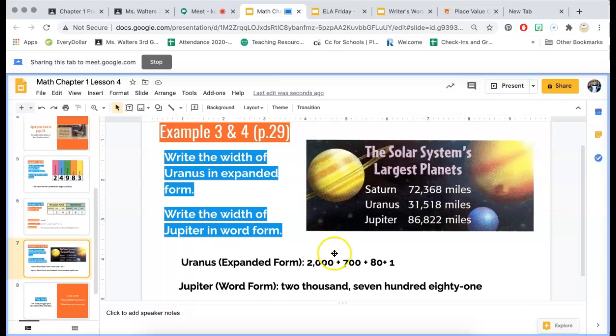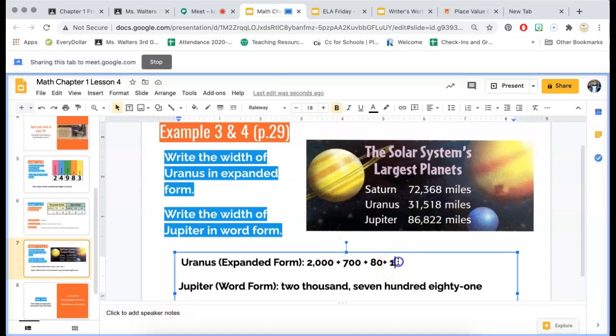So, this is not right. That is not the right number there. So we're looking at Uranus, and it's 31,518. So 31,000. That is 30,000 plus 1,000.